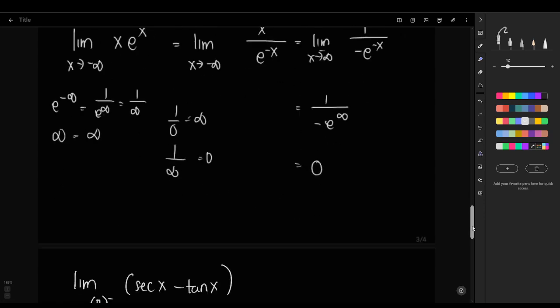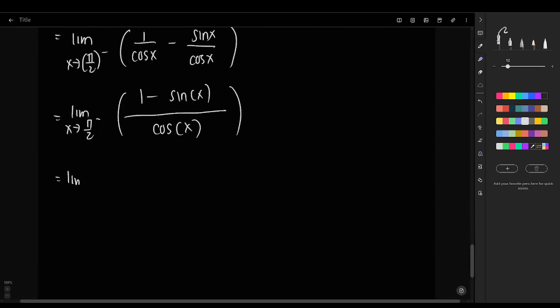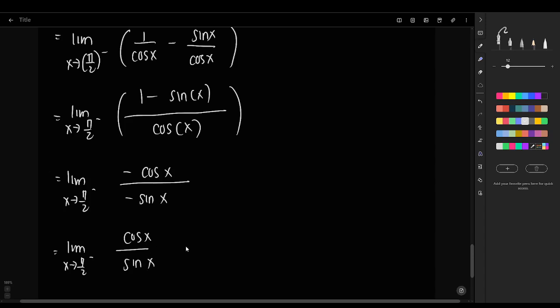Okay, here we could possibly use L'Hospital's rule. This is negative of cosine x all over negative sine of x. So negative over negative, that is positive. And that gives you the limit as x approaches pi over 2 of cosine of x over sine of x. So this is 0 over 1, and this is 0.